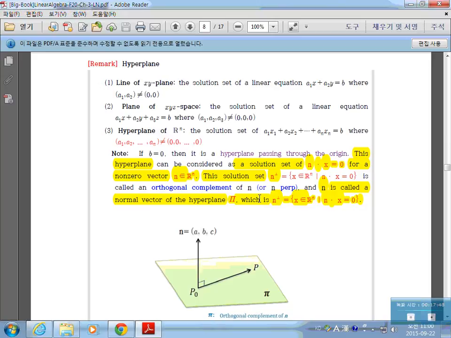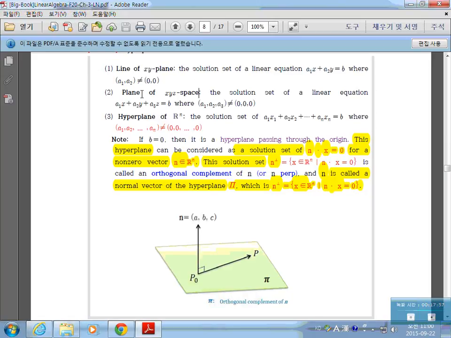Here is the hyperplane. A line in the xy plane is the solution set of a linear equation where A1 or A2 is not 0.